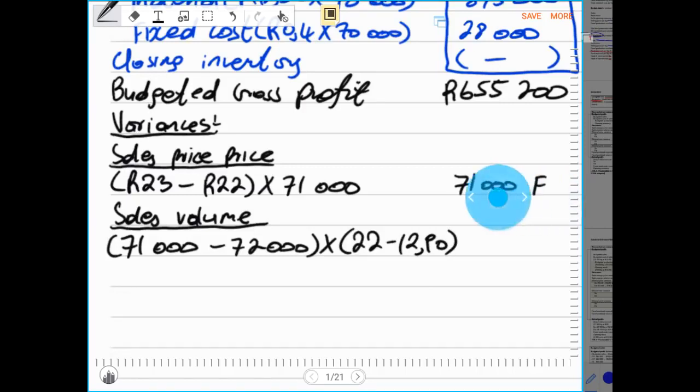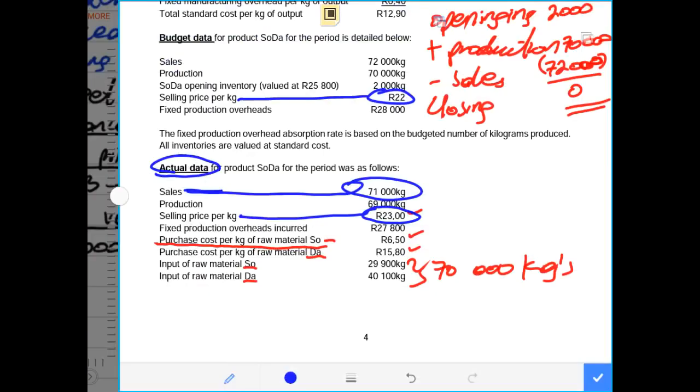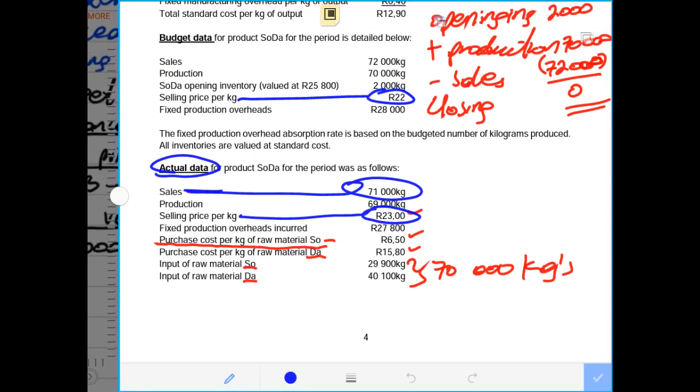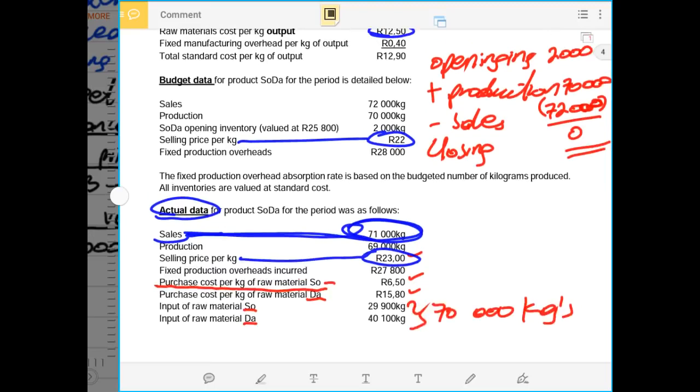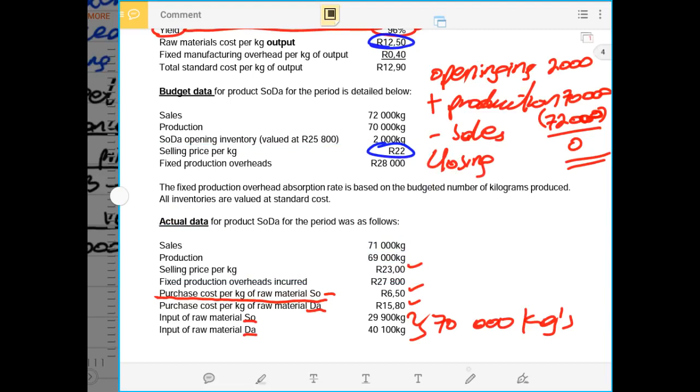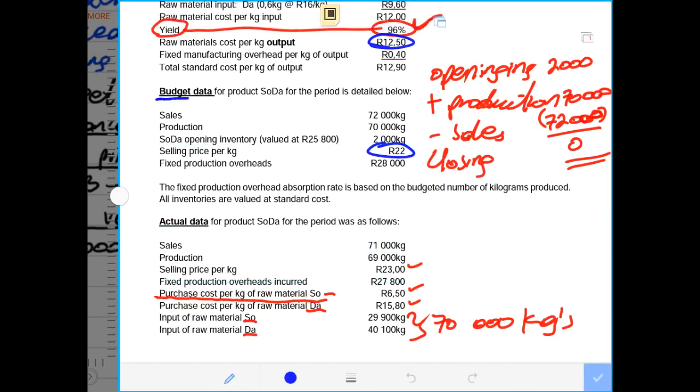So let us first confirm our budgeted and our actual sales. Our actual sales were actually 71,000, and our budgeted sales units were estimated at 72,000.